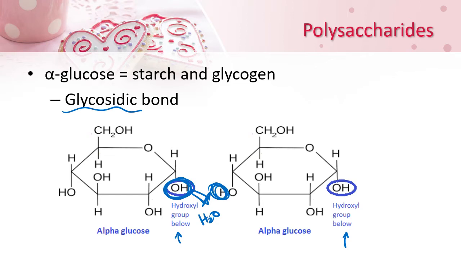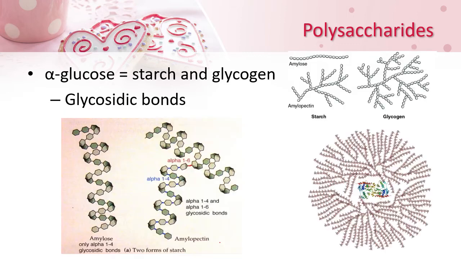That leaves this oxygen missing a bond. It's going to stick to this carbon number 1 on the next carbohydrate. This is called a glycosidic bond. Carbohydrates form glycosidic bonds between their monomers. And if I have alpha glucose, I can make all. So we're going to look at some polysaccharides.